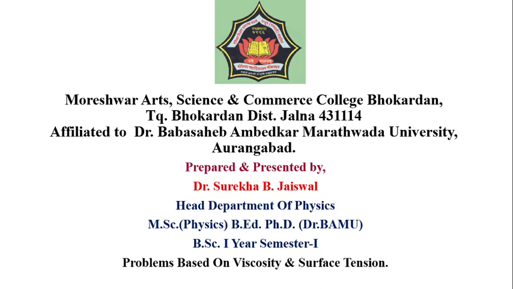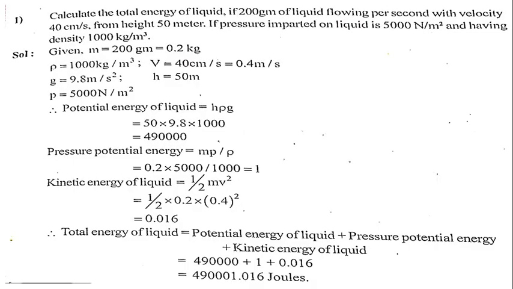Now, see problems based on viscosity and surface tension. First example: calculate the total energy of liquid if 200 gram of liquid is flowing per second with velocity 40 centimeter per second from height 50 meter.